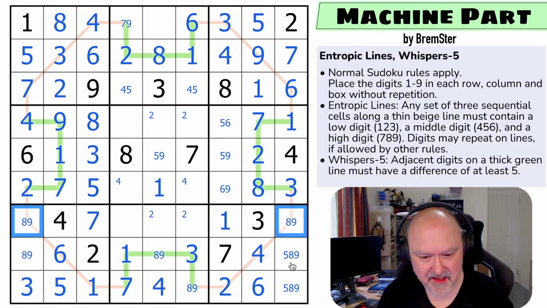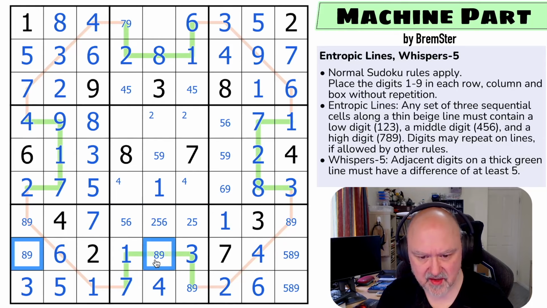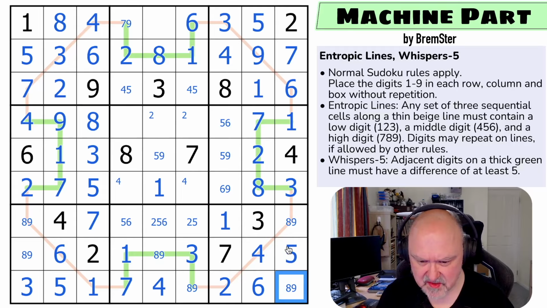That is now an 8-9 pair. So this is a triple. 1, 2, 5, 6. Well, there's no 2 there. There's no 6 there. 8, 9 here makes this one the 5 and this not the 5.